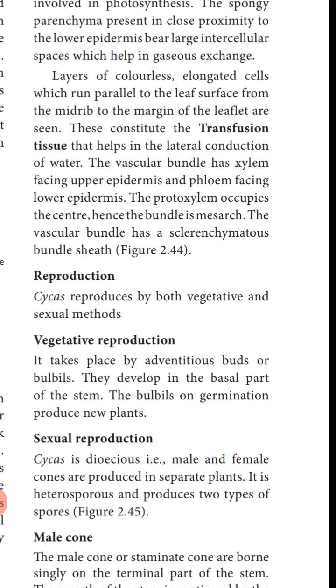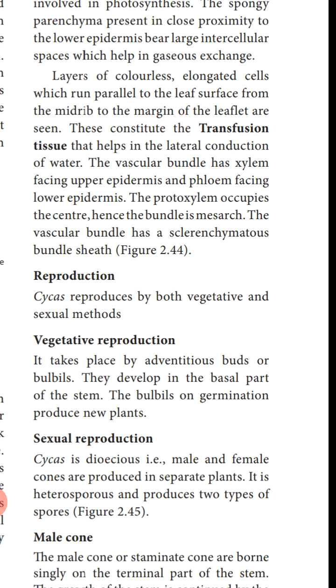The vascular bundles have xylem facing the upper epidermis and the phloem facing the lower epidermis. So here also the vascular bundles are present. As we studied, a collateral vascular bundle is present here, with the xylem facing towards the upper epidermis and the phloem towards the lower epidermis.